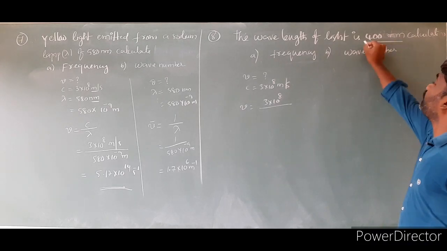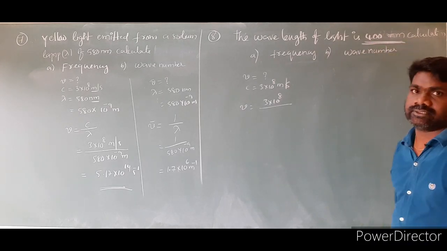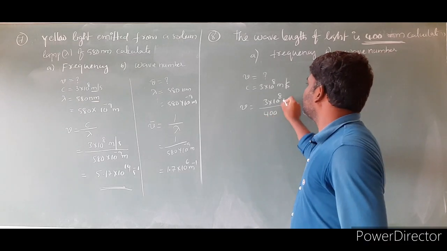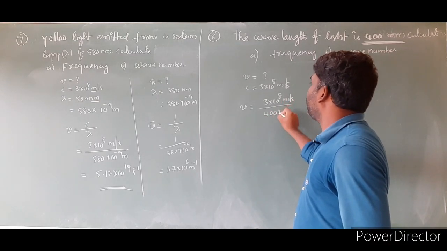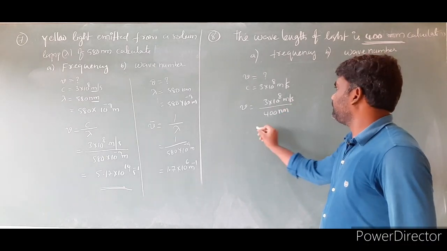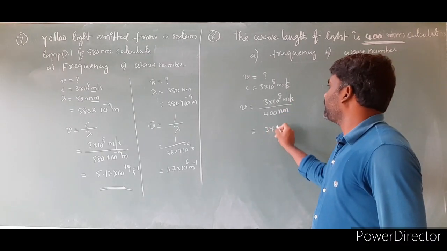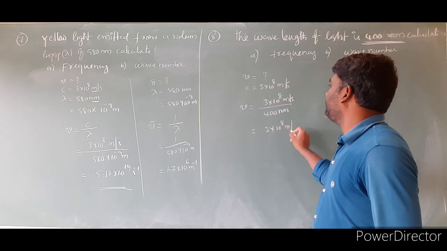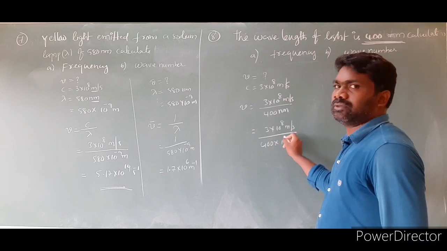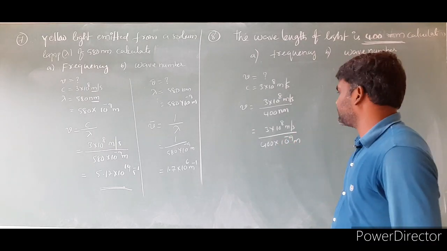wavelength is given, 400 nanometers. So convert into meters. So we have taken 3 into 10 to the power of 8 meter per second by 400 into 1 nanometer is equal to 10 power minus 9 meters.